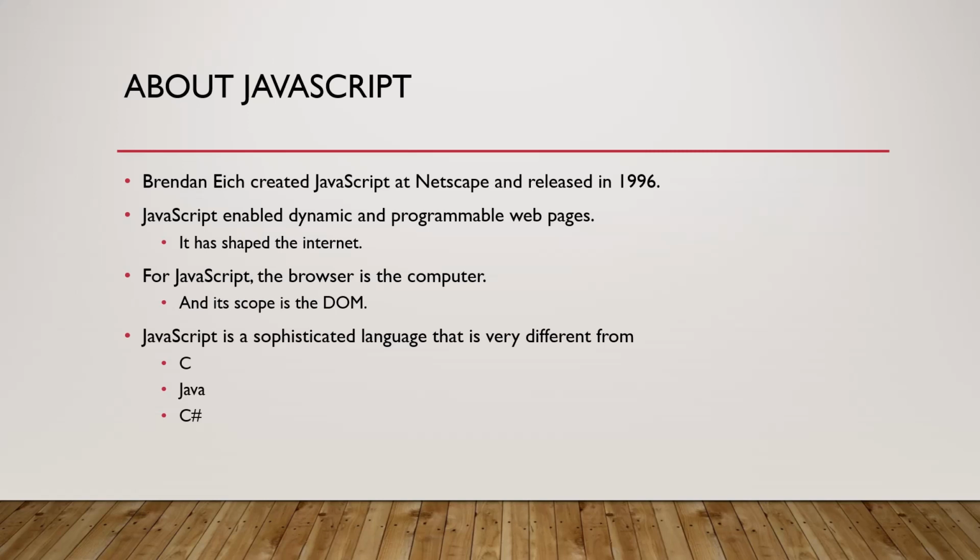And so for JavaScript, the browser is the computer, and its scope is the DOM, the Document Object Model. What's the Document Object Model? The Document Object Model is the in-memory representation of what the browser parsed the HTML into.